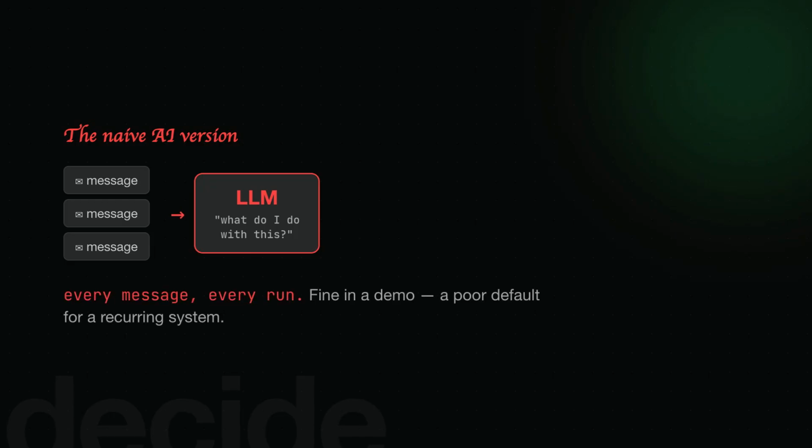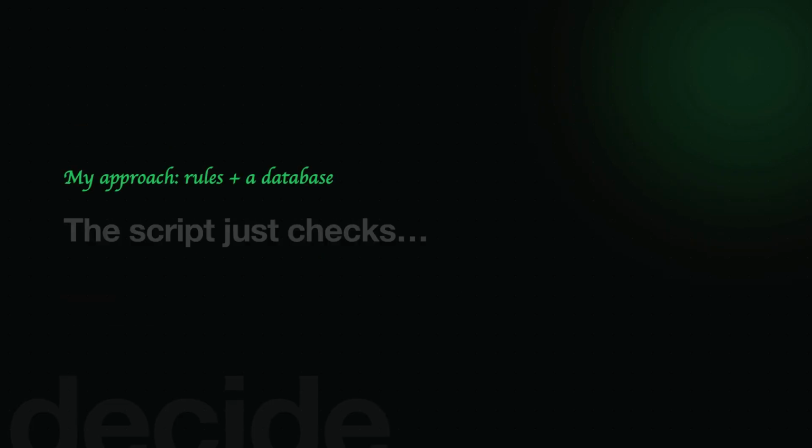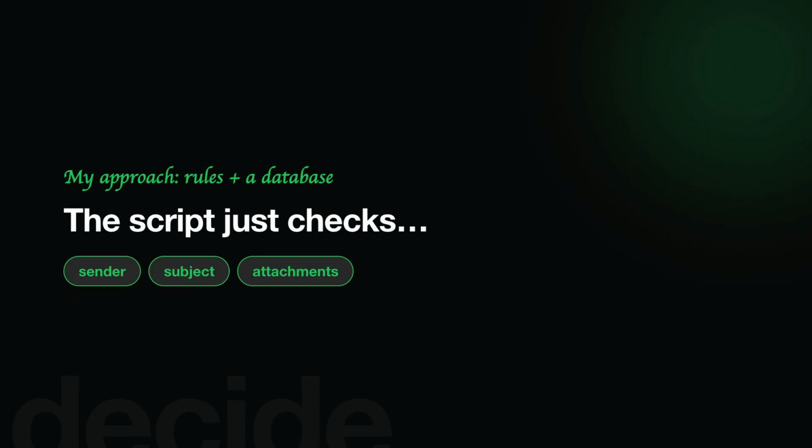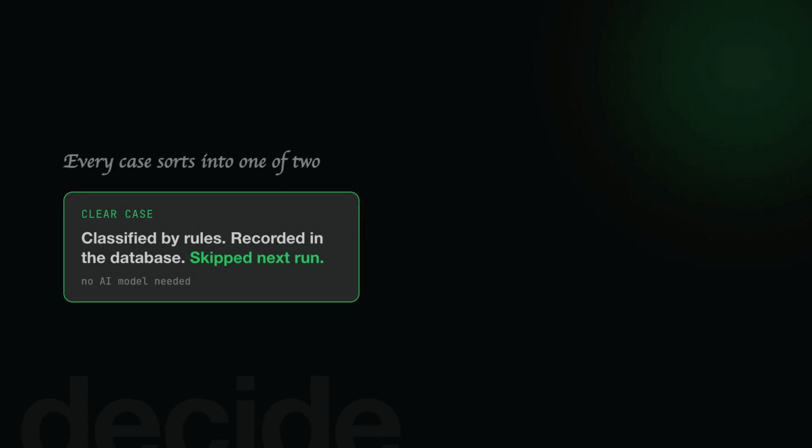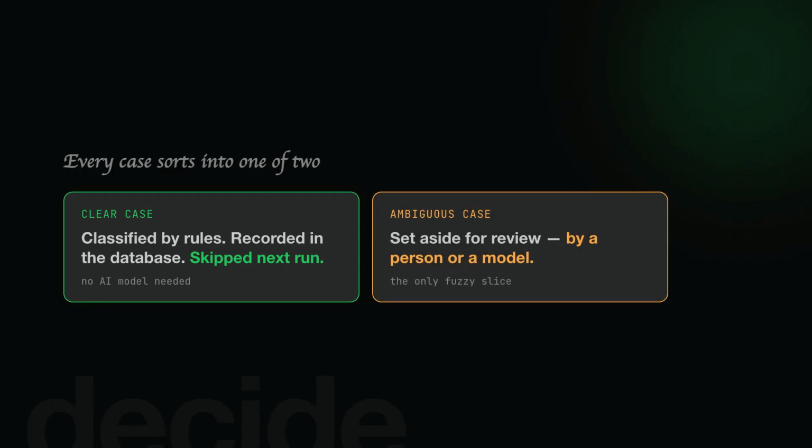That can work in a demo, but it's a poor default for a recurring system. In my approach, routine decisions are made with rules and a database. The script checks the sender, subject, attachments, previous processing state, and document type. The clear cases get classified without an AI model, and the database records the decision so the next run can skip it. Only the ambiguous cases get set aside for review by a person or model.